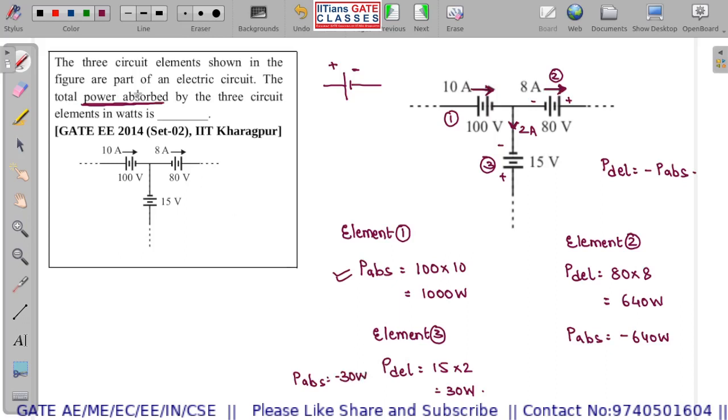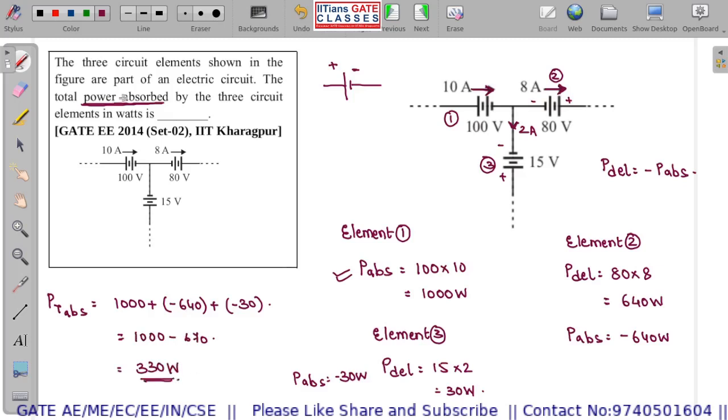So I need the total power absorbed. P total absorbed is equal to 1000 plus minus 640 plus, absorbed is minus 30. So this is 1000 minus 670, or this is your 330 watt.